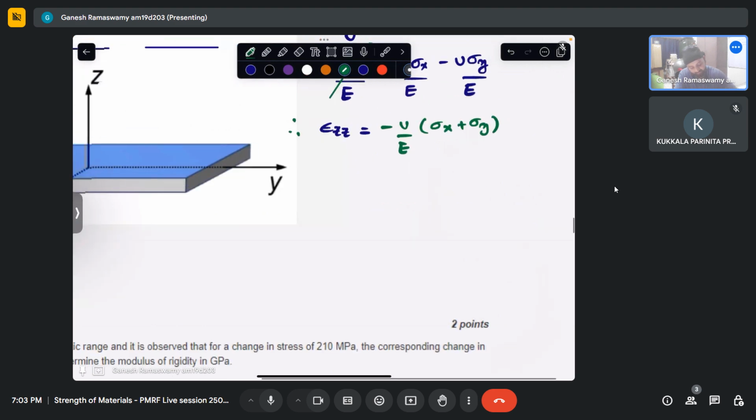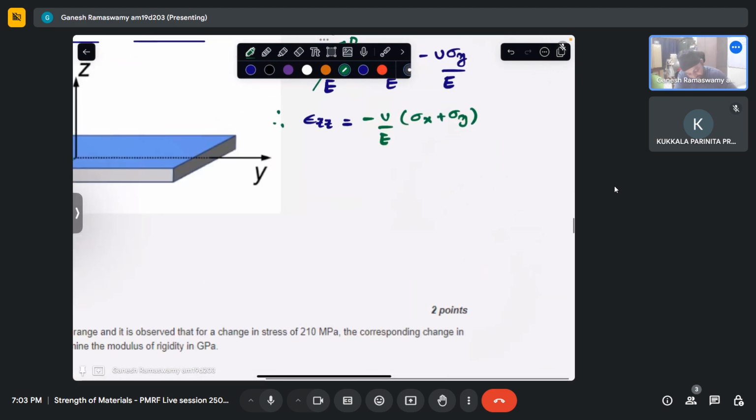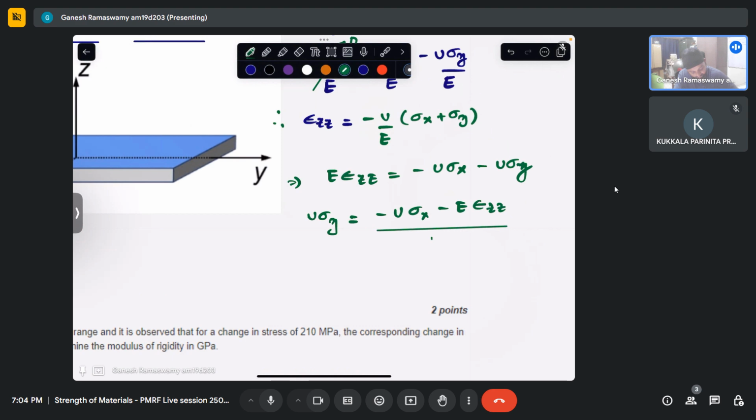From here, E epsilon zz equals minus mu sigma x minus mu sigma y. If I solve for sigma y, mu sigma y is minus mu sigma x minus E epsilon zz, and this whole thing divided by mu.